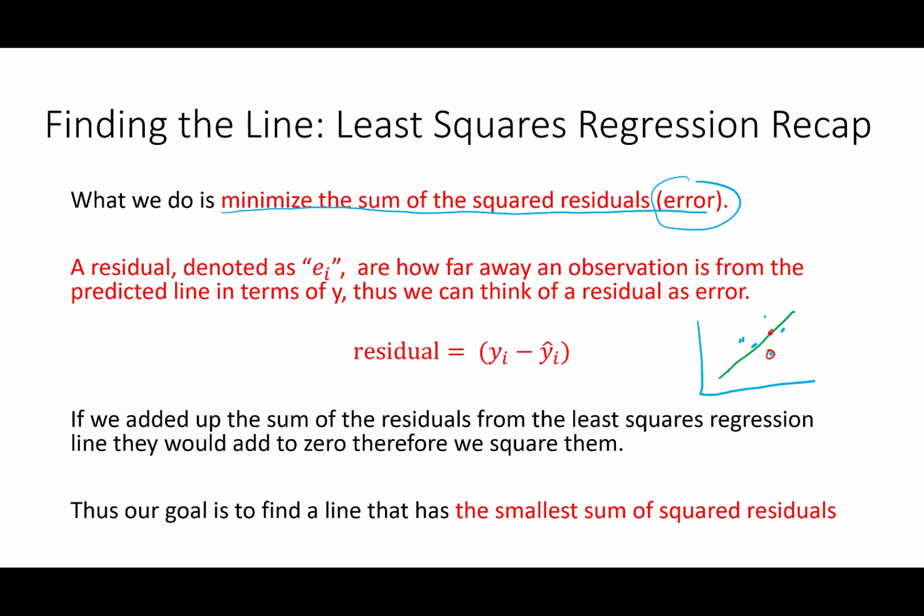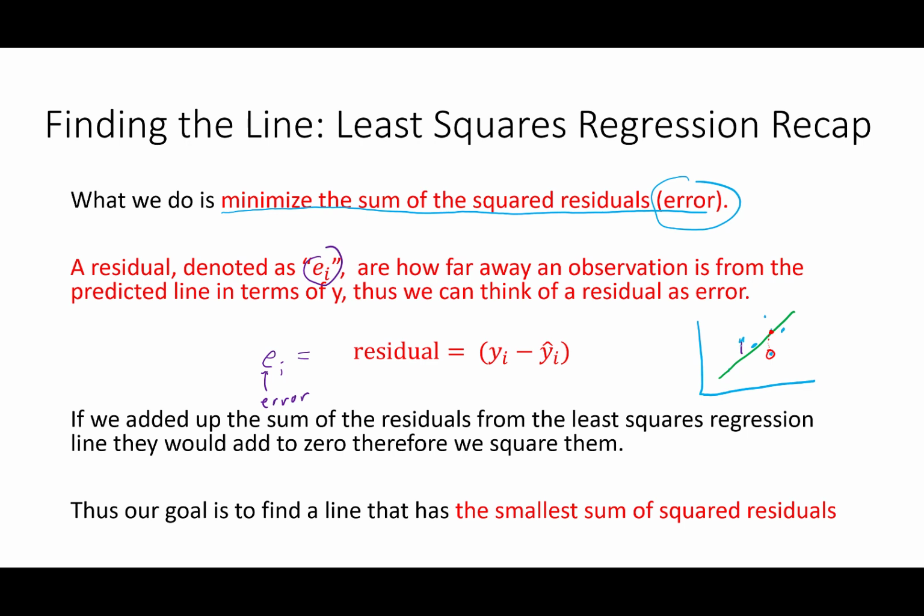If a point was exactly on the line, well, your line is doing a perfect job of predicting it. So you can think of a residual as error because it's not perfectly on your line. This is why a residual is denoted as e. So e_i represents an observation's residual, where the e stands for error.